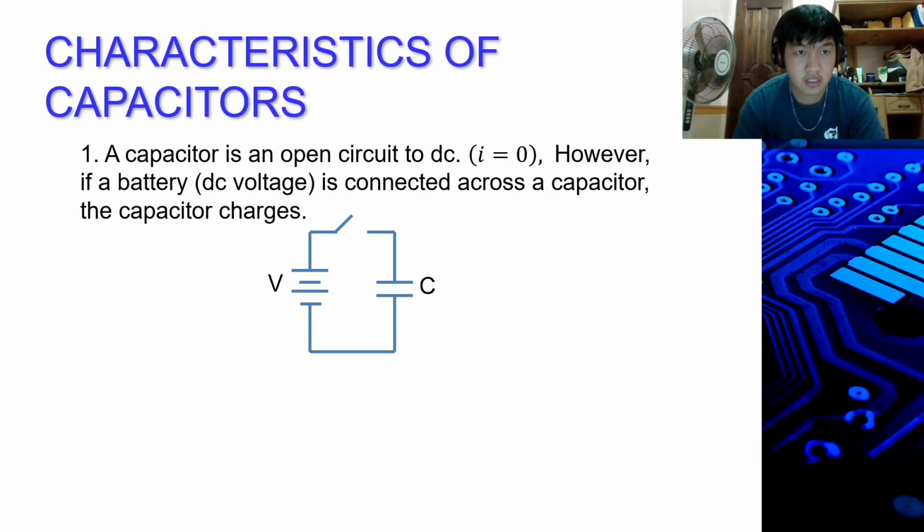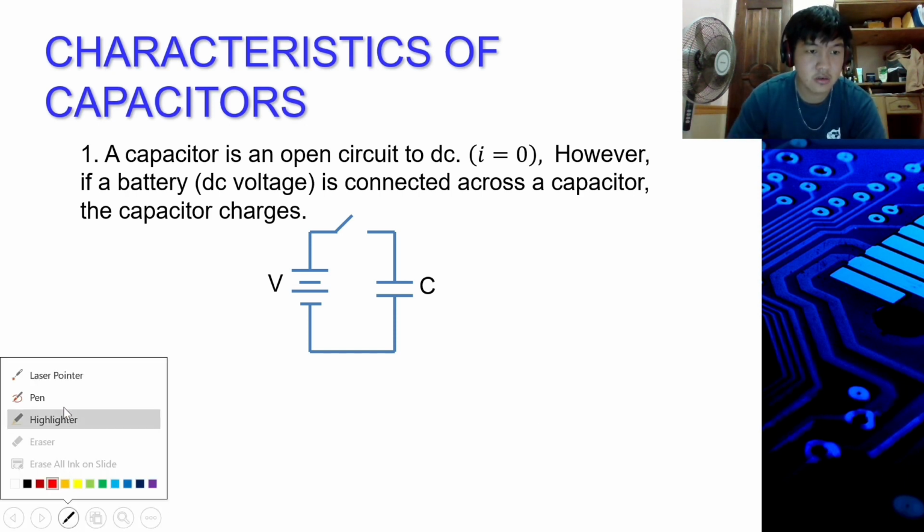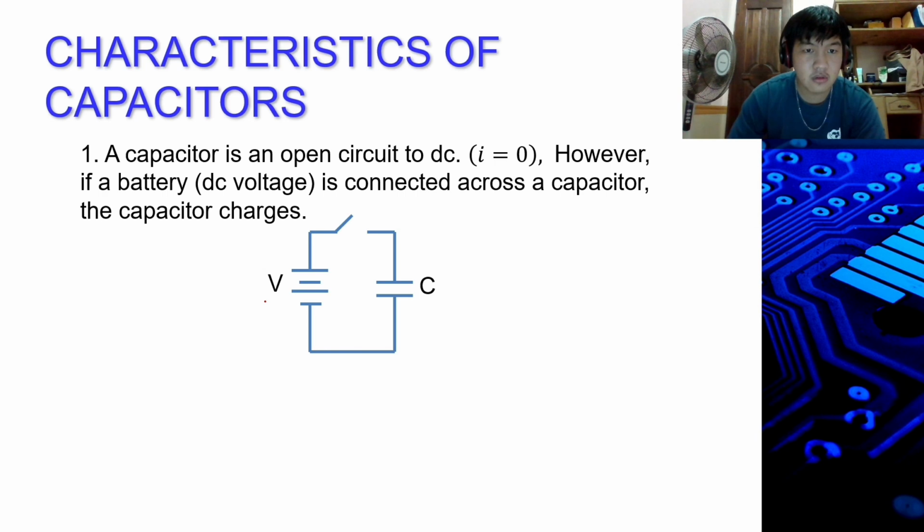Characteristics of capacitors. A capacitor is an open circuit to DC, where I is equal to 0. However, if a battery or DC voltage is connected across the capacitor, it charges. So, in this sample, we have a voltage source, battery, switch, and capacitor.